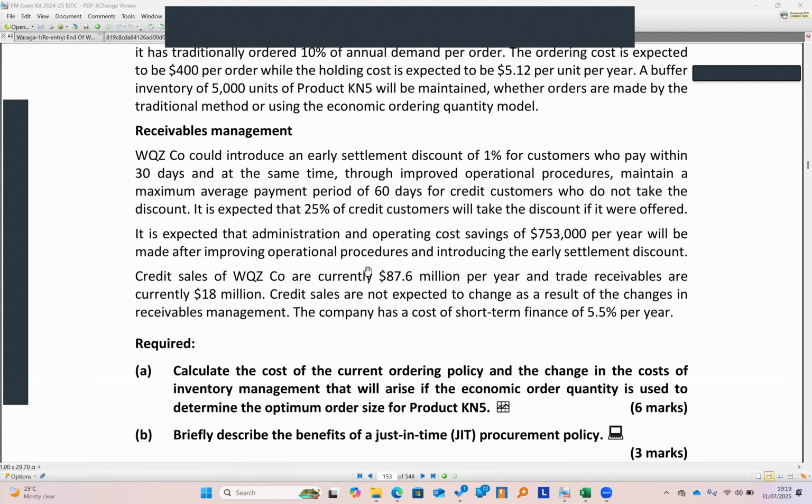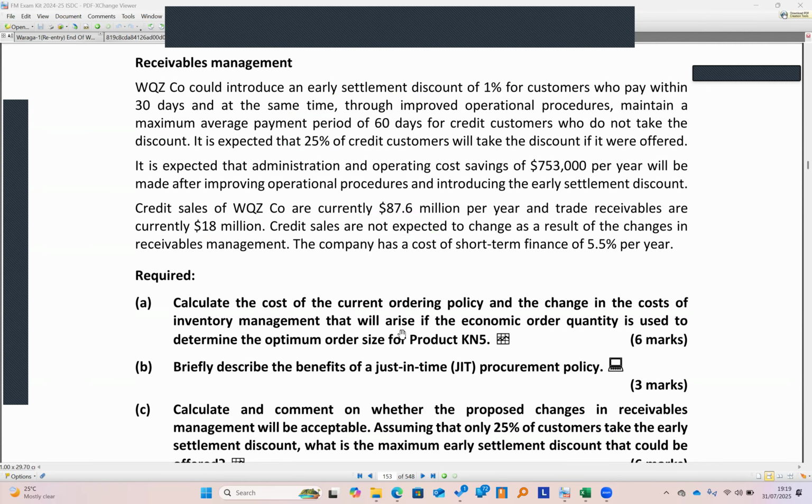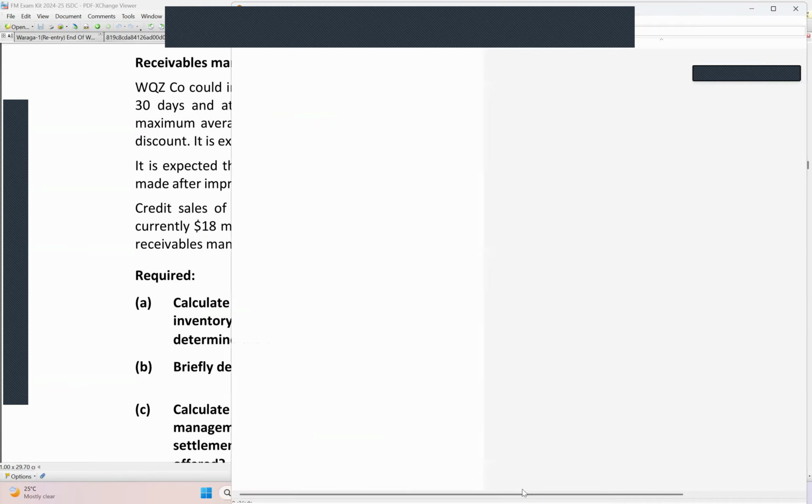What is left is to start calculating the cost of the current ordering policy and the change in the cost of inventory management that will arise.